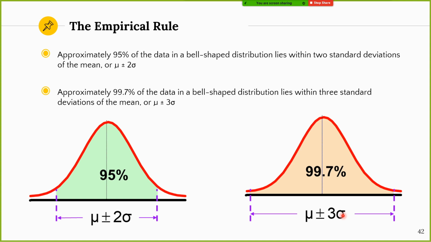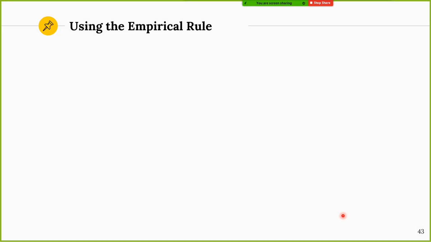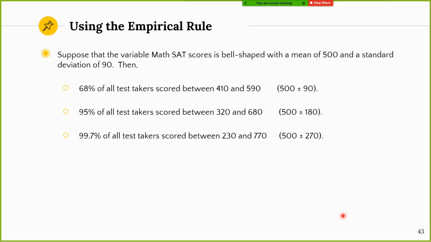So maybe you're still confused. What is it? Let's continue with the example. Suppose this variable is bell-shaped. It must be bell-shaped for you to use this empirical rule.